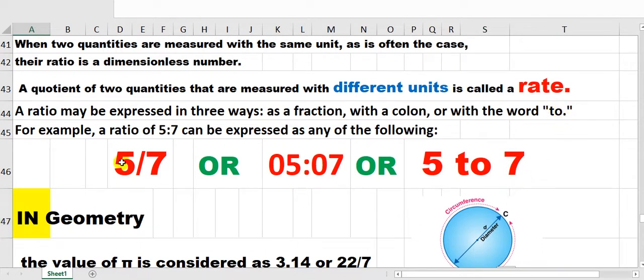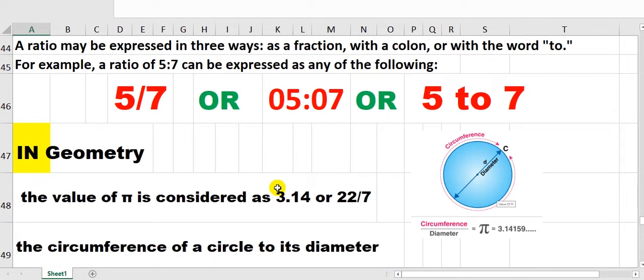Like here, 5/7, this is a fraction, or 5:7, this is also a ratio, or 5 to 7. These are the three formats or three ways to write the ratio.